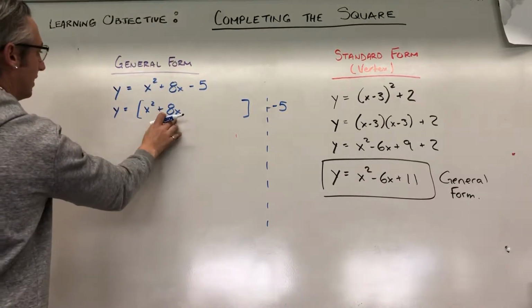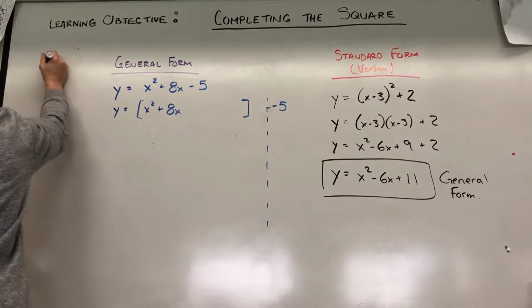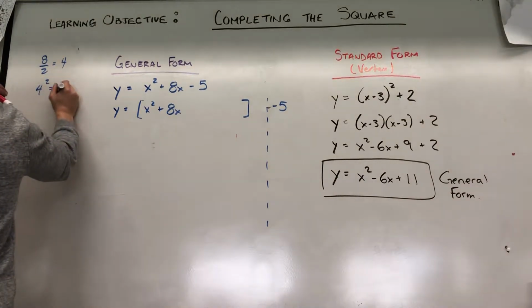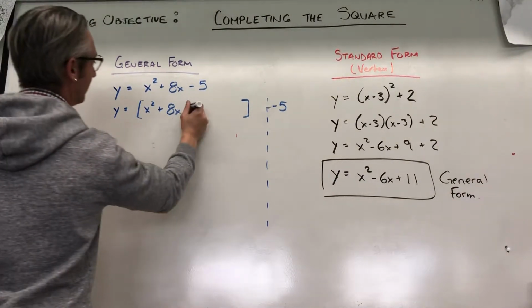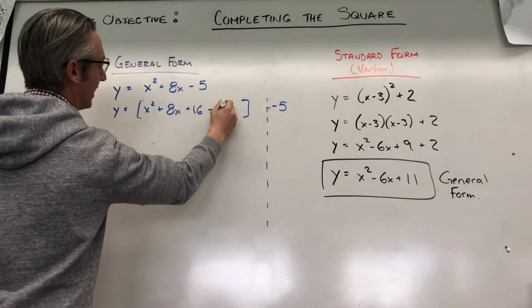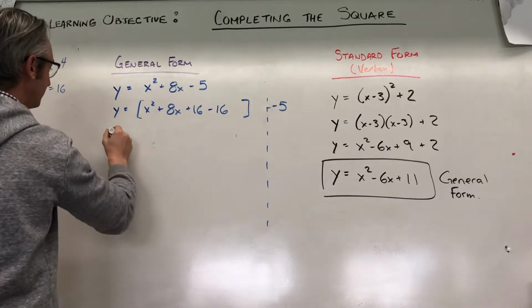And then I say, okay, how could I turn this into a perfect square trinomial? Well, 8 divided by 2 is 4. And 4 squared is 16, so this would be plus 16. And then I can't just add a plus 16, so I add 0 by adding also the negative 16. There's a net no change here.